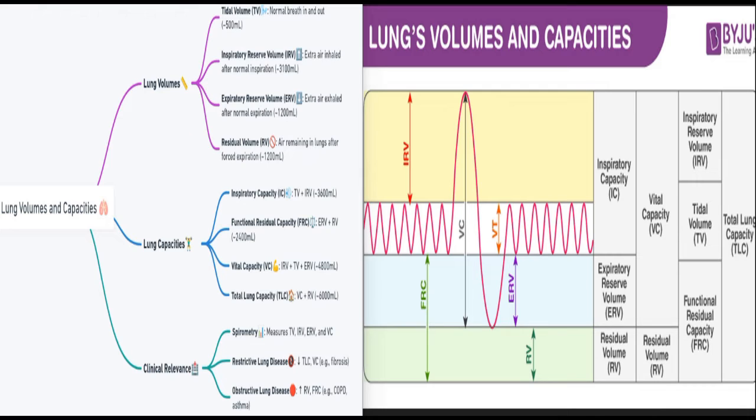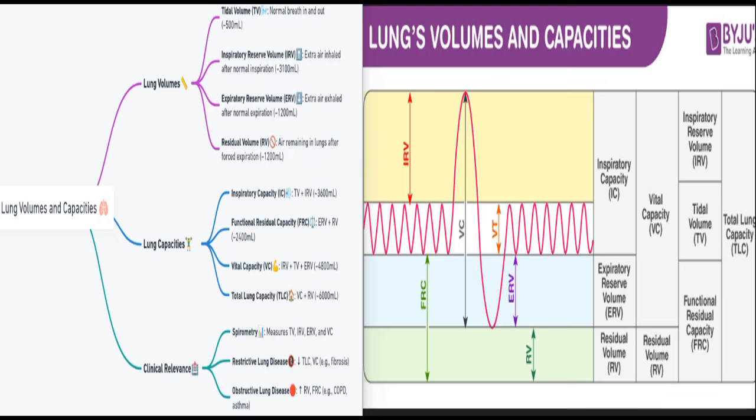Okay, so there's another capacity which is the closing capacity or closing volume. It basically refers to the lung volume below which small airways begin to close. So that's the closing capacity or the closing volume.